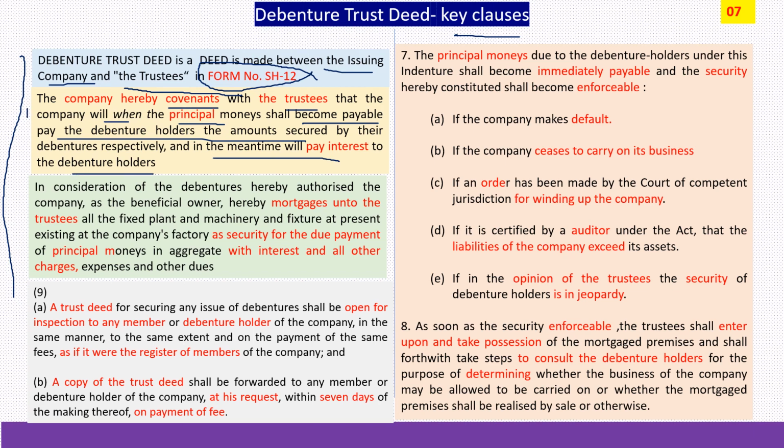It is just like reassuring your principal and interest shall be paid on time. And in consideration of the debentures, the debenture trust deed says the company agrees to mortgage to the trustees the fixed assets which are supposed to be given as a security for the due payment of principal money and the interest.